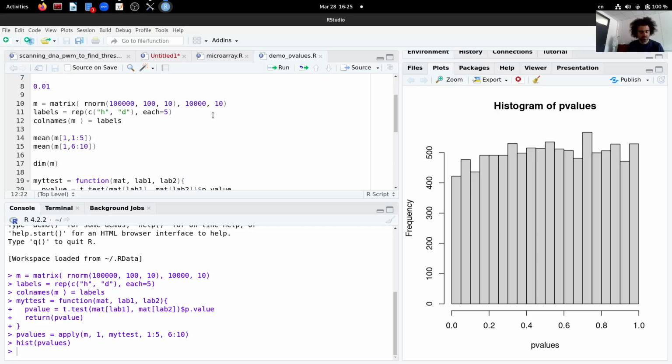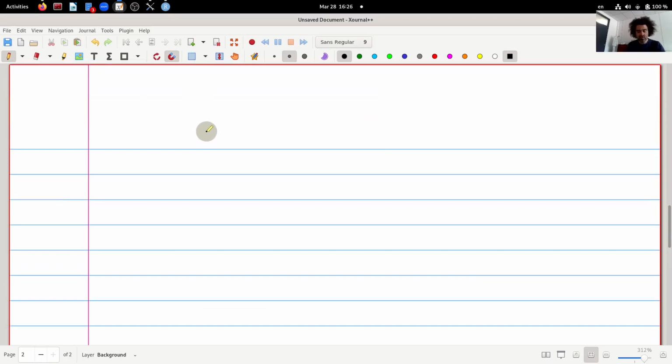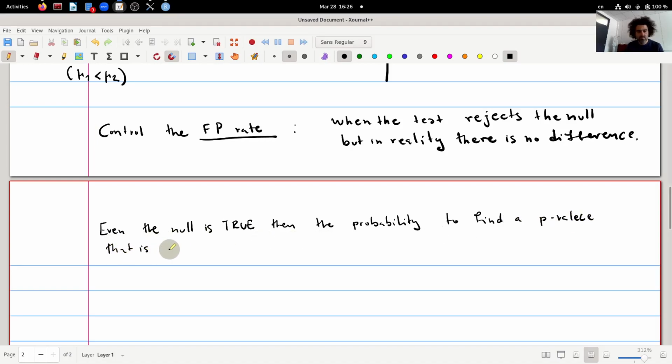Okay, so the reason that we set such a small value as the significance cutoff value is because we want to say that even when the null is true, the probability to find a p-value that is smaller than alpha is alpha.